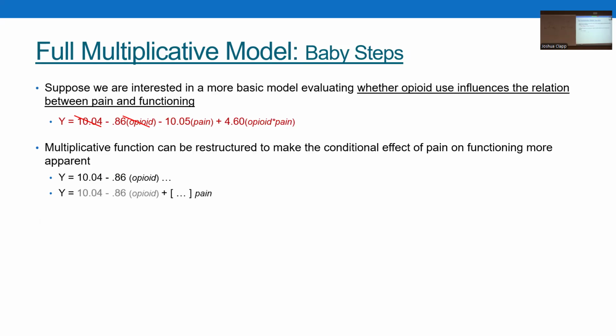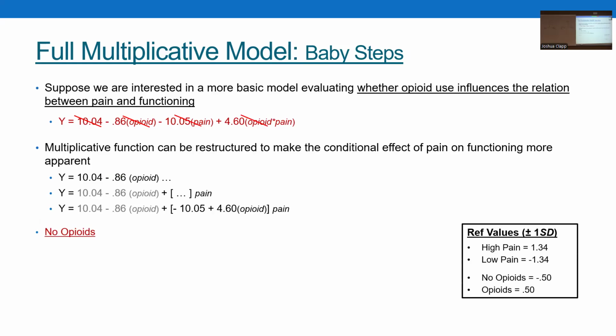Then I'm going to bracket off my conditional effect, here's pain, and drop in terms that have pain as a component. Here I've got negative 10.05, so I drop that down, and because pain is the only thing attached to it, that goes out here. Then I've got plus 0.460 opiate use times pain. Pull that out, factor out the pain piece, and we just get 0.46 times opiate use. People see how I got that?